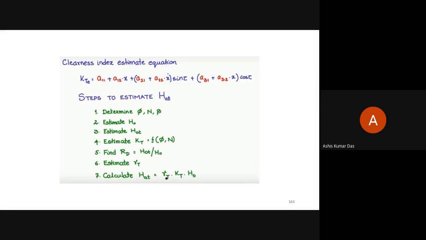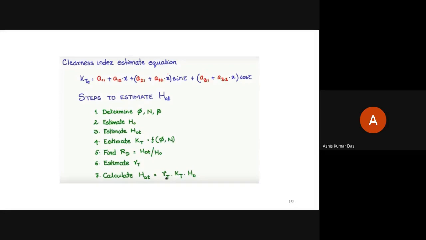It could be any other latitude. So within the neighborhood of this locality, we can use this curve fit model, and we can get a very good estimate.